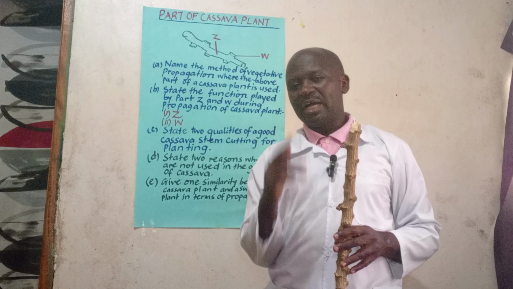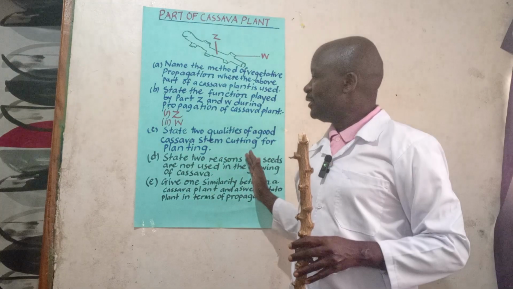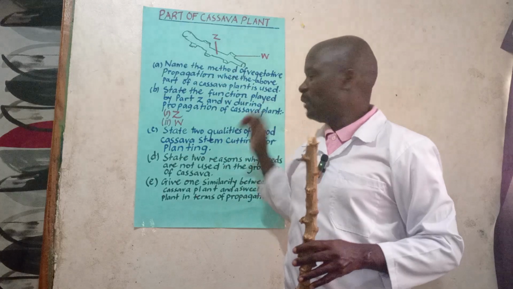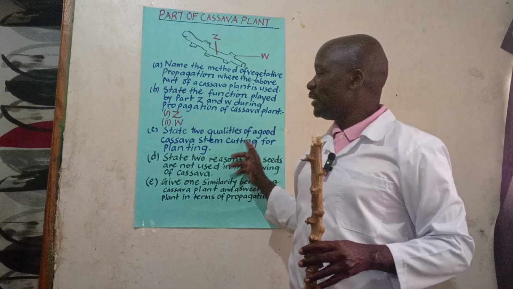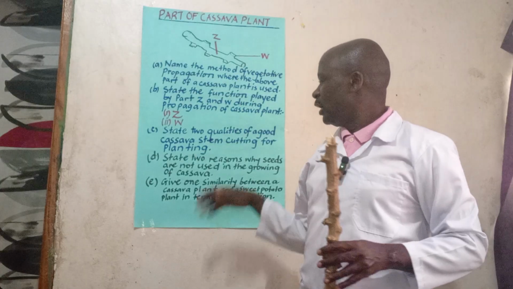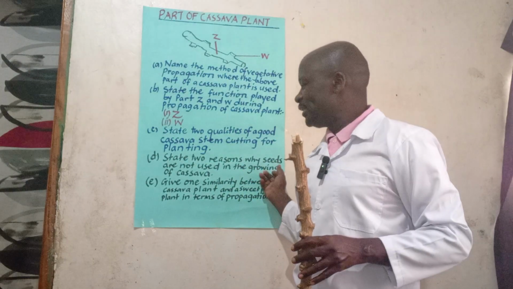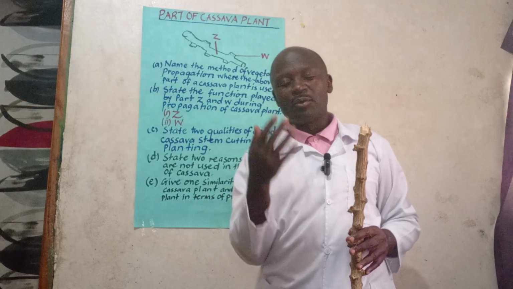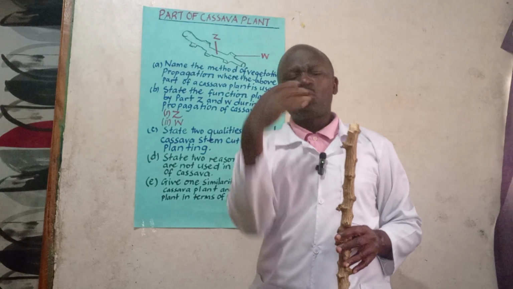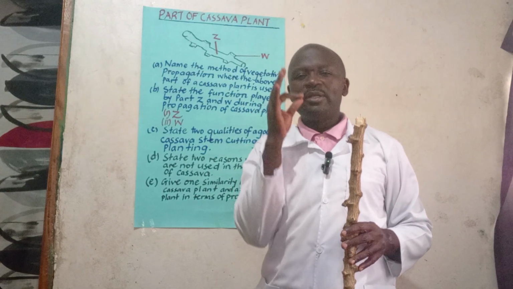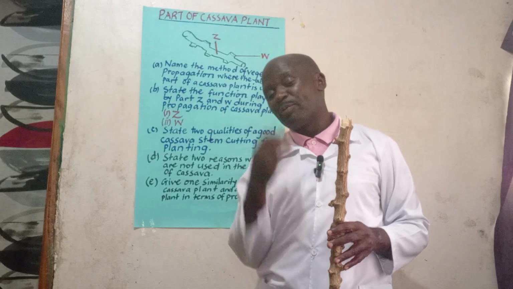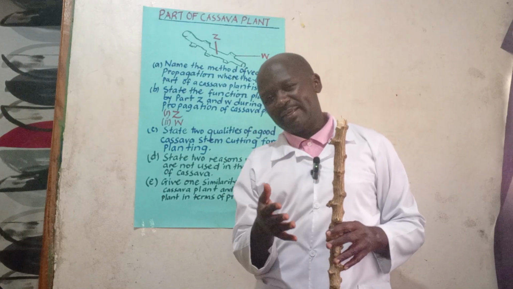Because when you check in the curriculum, you may not find things like functions of these parts. You may not find qualities of a good cassava stem cutting for planting. You may not find the reasons why seeds are not used in the growing of cassava. But these days, the way they set questions, for example, they will see that you told them that a cassava plant is propagated by stem cuttings.